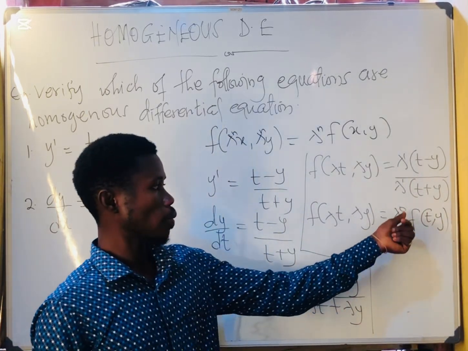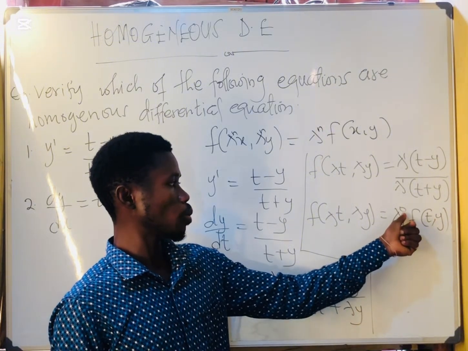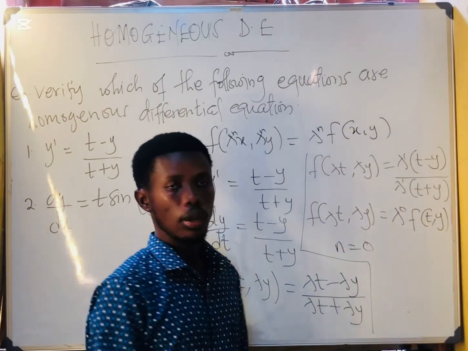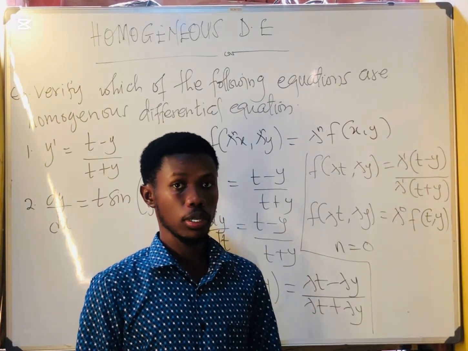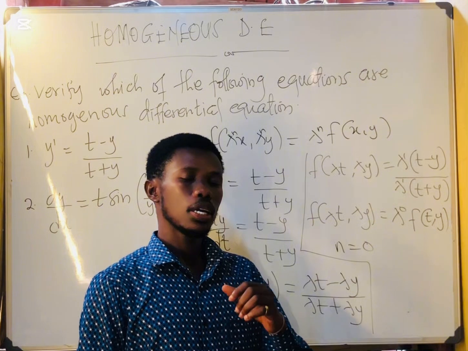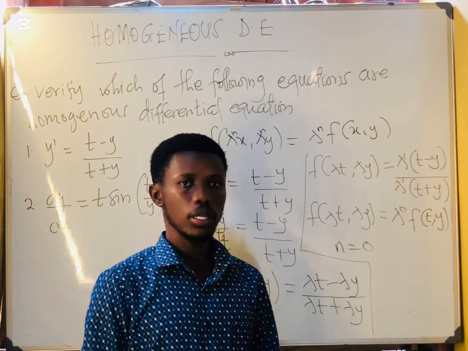So now that you have the function to be of degree 0, that is n is equal to 0, then we can conclude that this is a homogeneous differential equation, because we are having a degree of 0. Once the degree is 0, then you can conclude that it's a homogeneous differential equation.